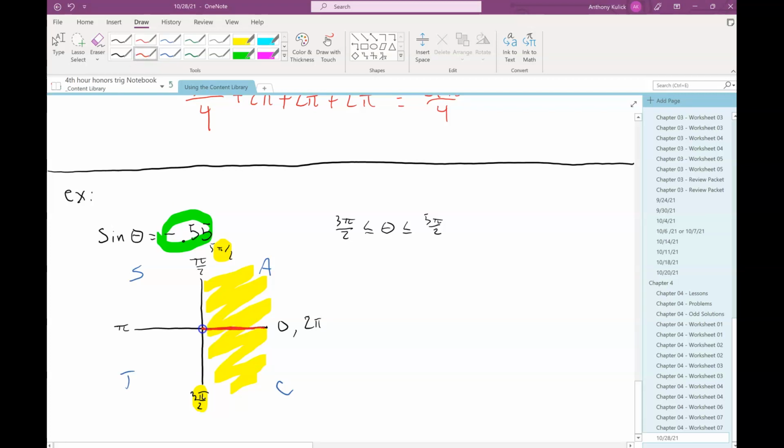So I'm going to draw in the terminal side of my angle. And then I'm going to draw the standard position version of that, which is here. That's my angle theta that I'm looking for. Is everybody happy so far?